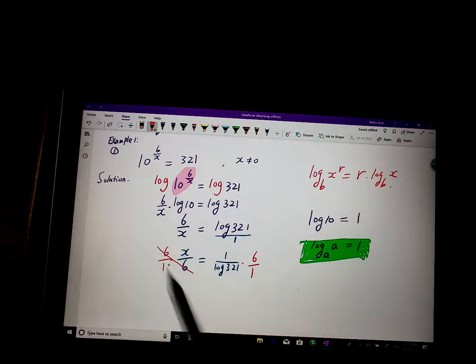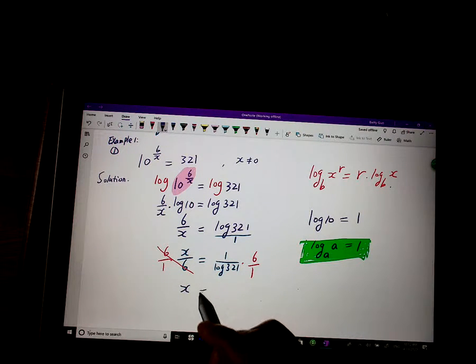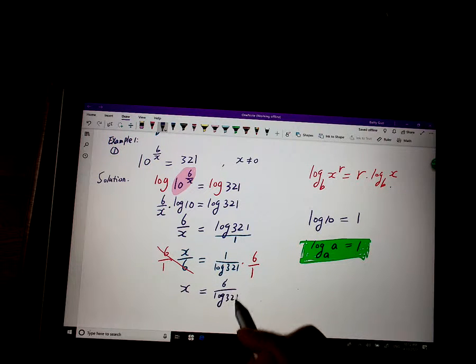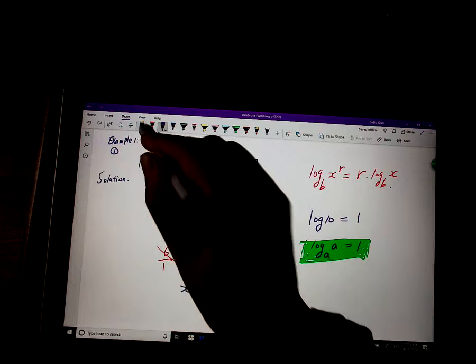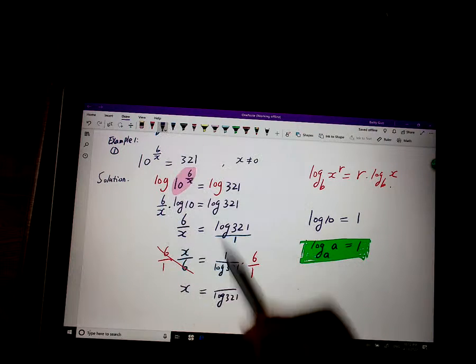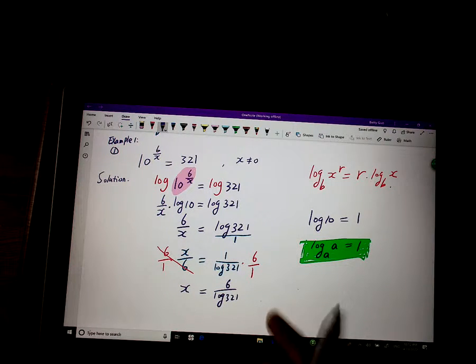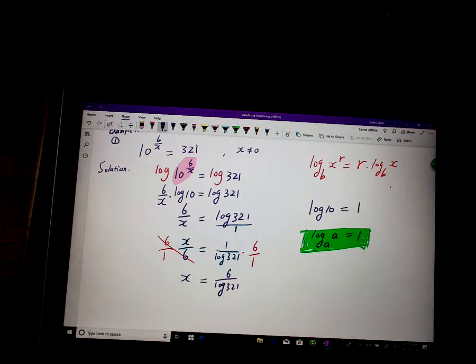Then those two 6s cancel out, and x is isolated on the left hand side. x equals 6 over log 321. So that's how we solve the given equation for x. 6 over common logarithm of 321 is the exact value for x.